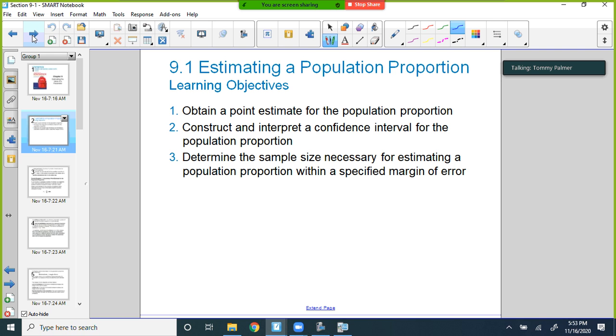So, estimating a population proportion. We're going to obtain a point estimate for the population proportion, right? We're going to construct and interpret confidence intervals for the population proportion. We're going to determine the sample size necessary for estimating the population proportion within a specified margin of error. Okay, so we're going to end up calculating a lot of stuff.